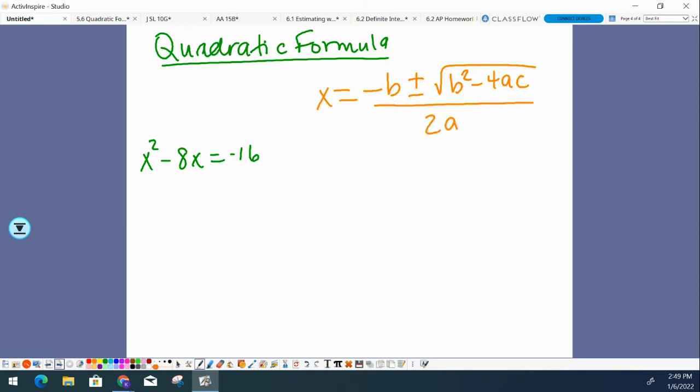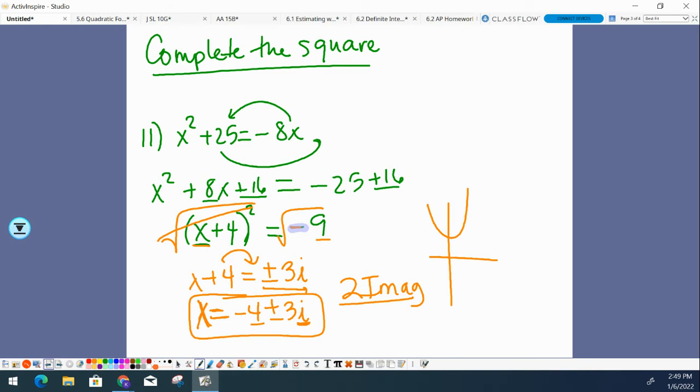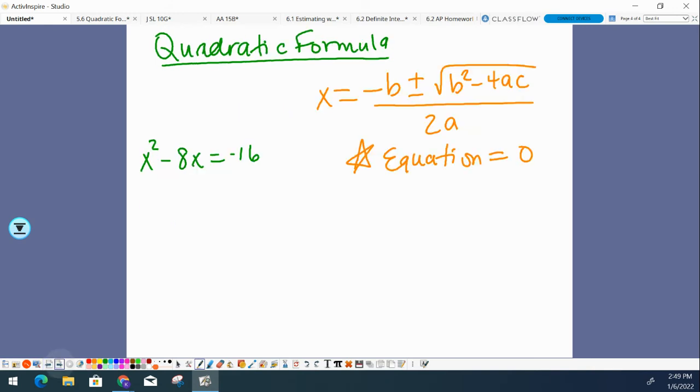Now, in order to use the formula, this is really important, the equation has to equal 0. So how you start the problem is really important. When you complete the square, I want only the x's together on one side and the constant on the other.